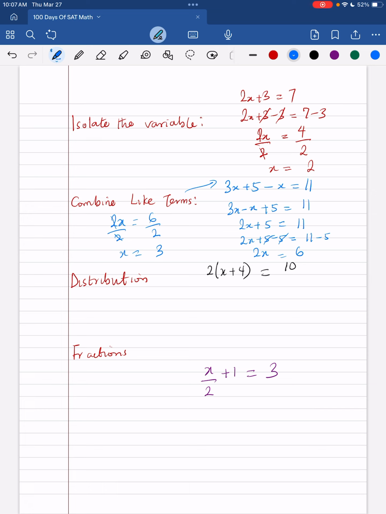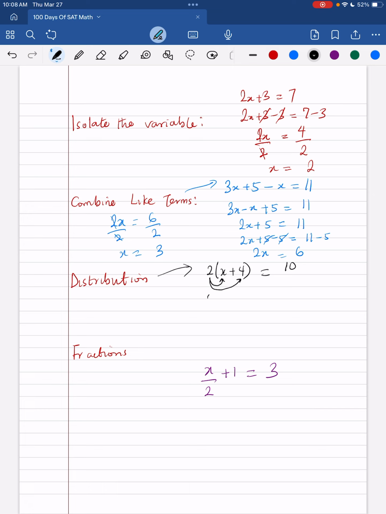Let's go ahead to distribution. So we have 2 times the quantity x plus 4 equals 10. The first thing you do here is to eliminate the parentheses by multiplying 2 by each number in the parentheses. So 2 will multiply x and 2 will also multiply 4.